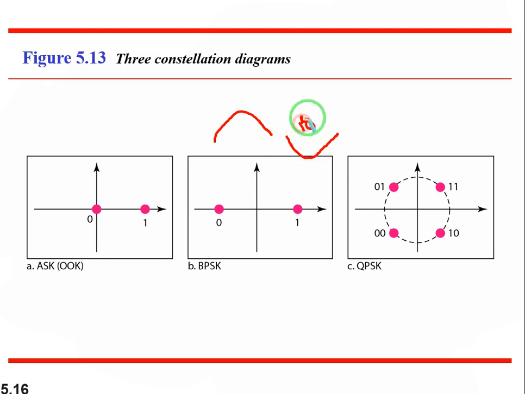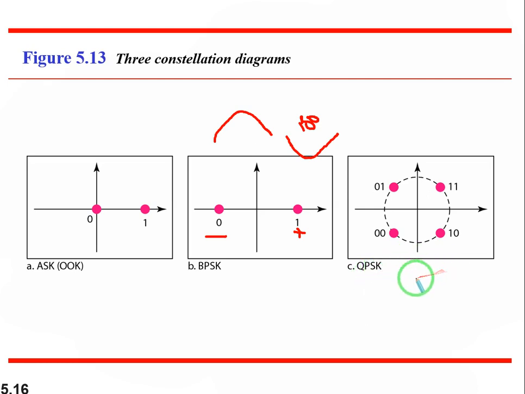This axis is plus, this axis is minus. This angle is 0, this angle is 180. This is the differentiation between BPSK and ASK, but both are on the same axis.